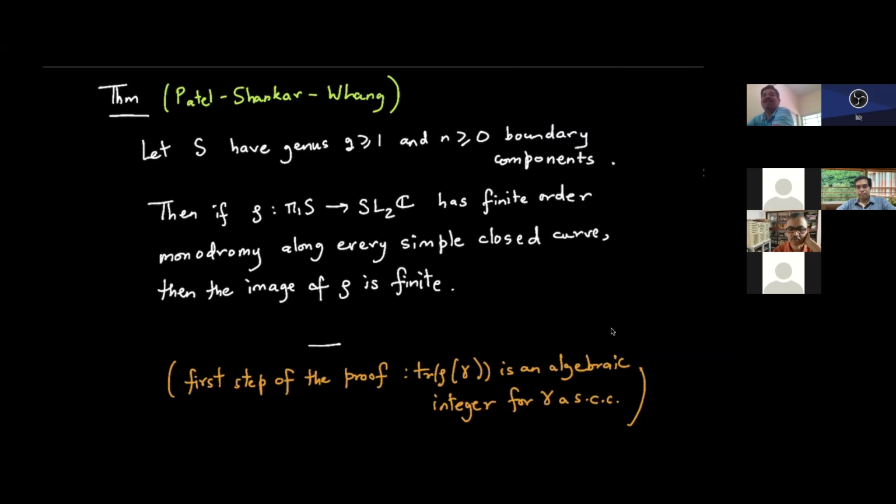I guess analytically you do have something, but anyway, I won't take up too much time speculating. We know that the boundary components correspond to simple closed curves, so there is some sense. But is there a much vaster generalization of this kind of theorem? I don't know. No, it's quite possible. It's quite possible.